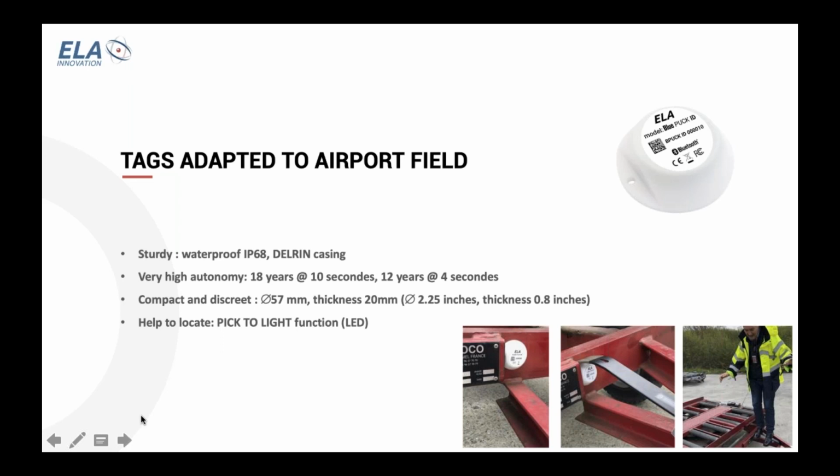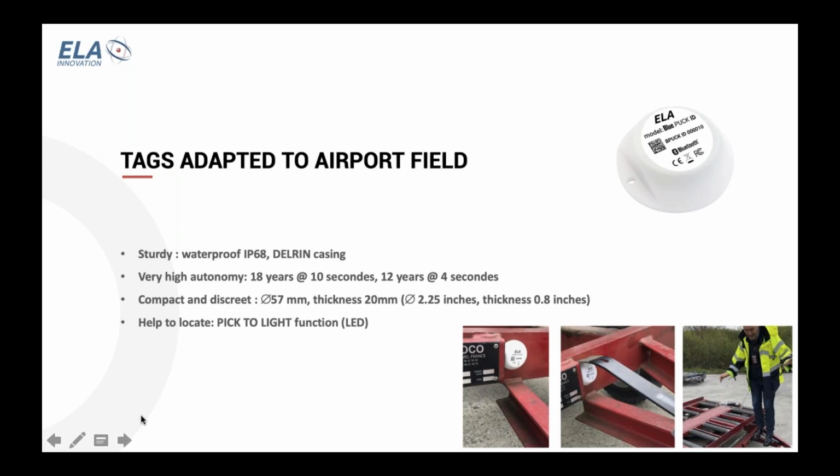They are compact and discreet, with less than 6 centimeters diameter and 2 centimeters thickness. And in order to help you locate your assets on the last meters, we have a peek-to-light feature, with an LED that can be turned on in order to find your asset.